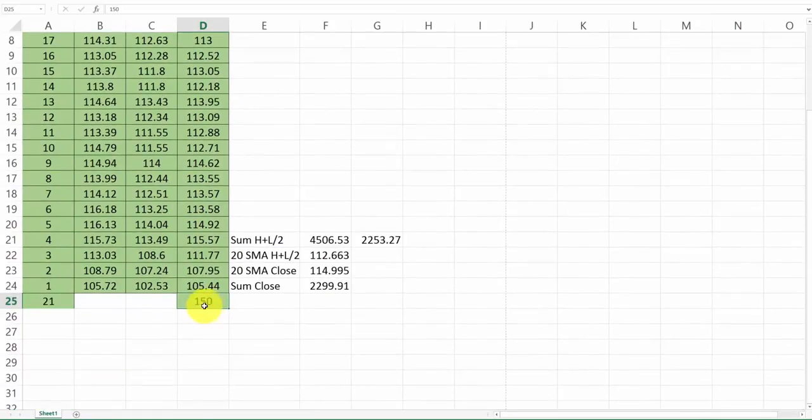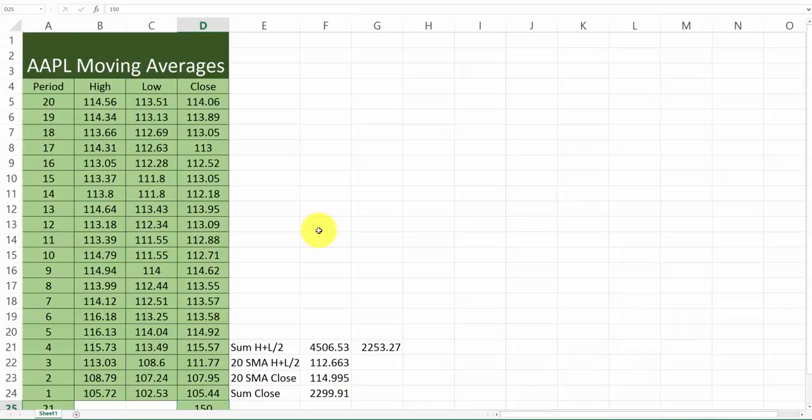So if Apple were to jump up to 150 tomorrow, then the exponential moving average would move dramatically higher than just 114.995, that 20 EMA, because it gives a heavier weighting to the most recent prices so that it reacts faster. Okay, so the downsides to EMAs, just to give you a brief overview of those so we don't have to dive too deep into it.